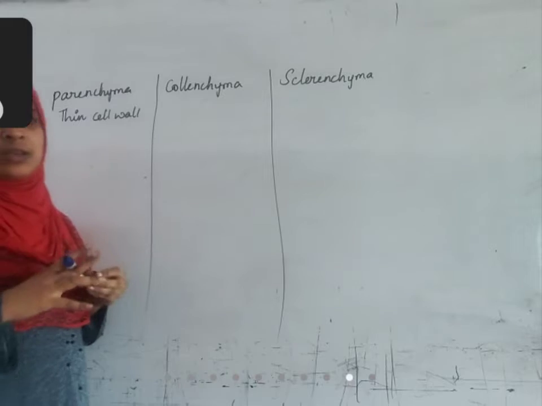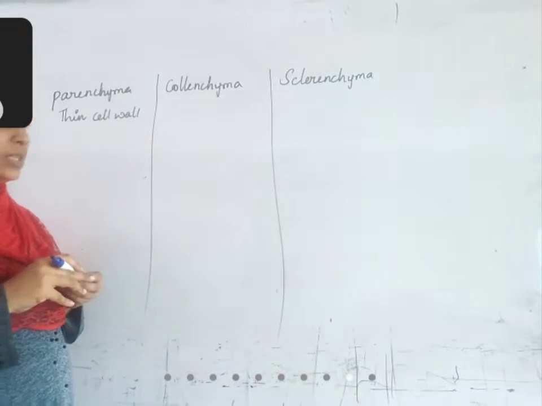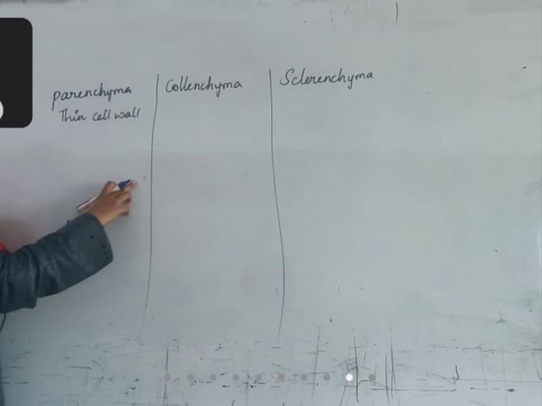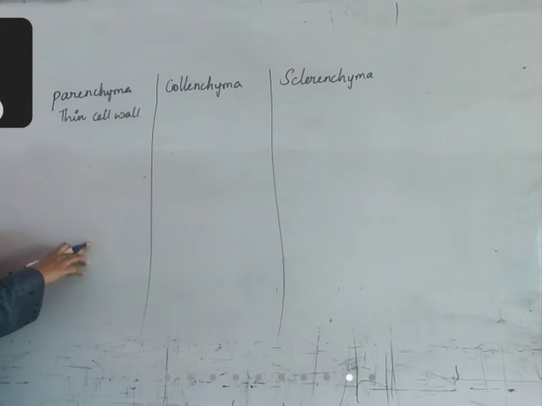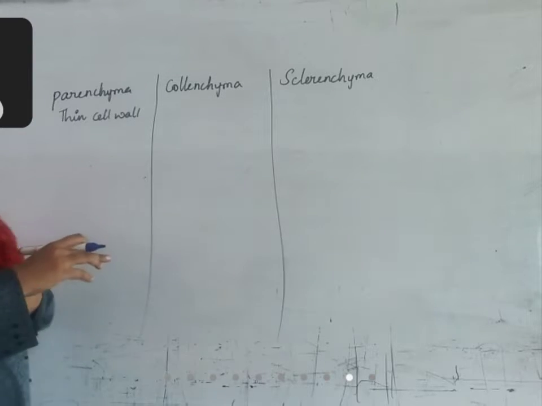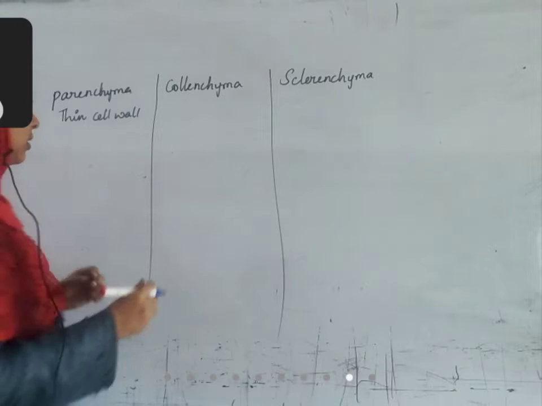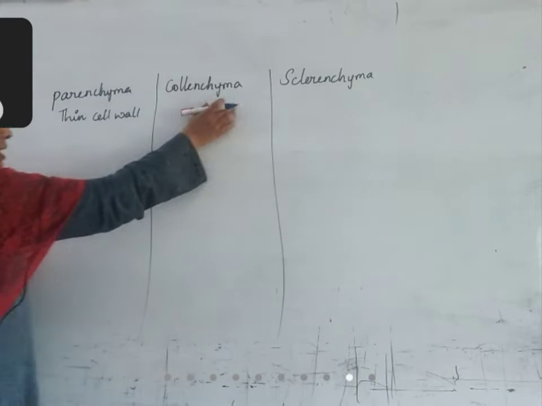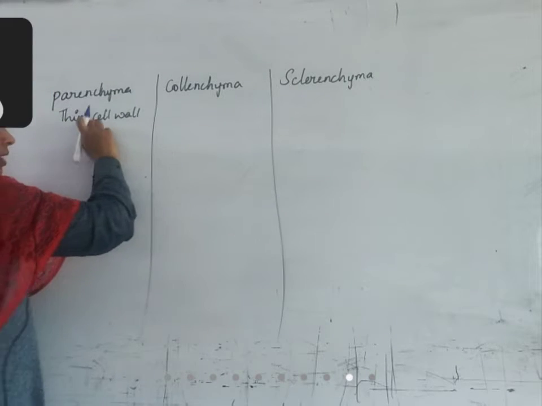Their cell wall is thick because these are not continuously dividing cells. Meristem cells are continuously dividing. Before the cell wall is completely formed, they are dividing again. That is why the cell wall is not becoming thick. But compared to other types of permanent tissue, parenchyma has a thin cell wall.